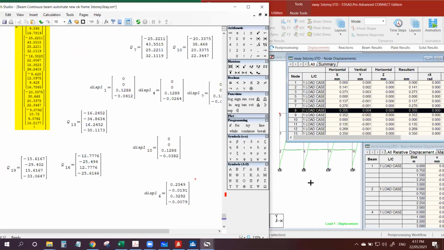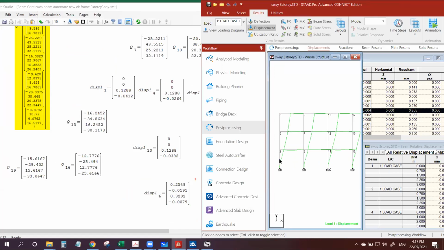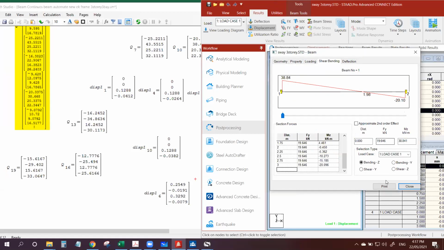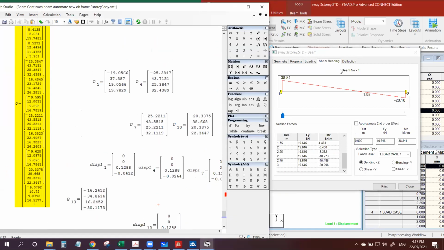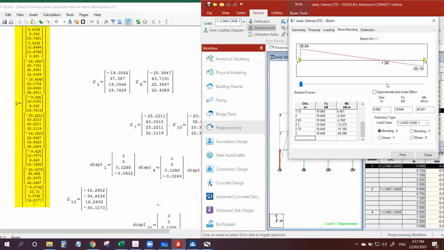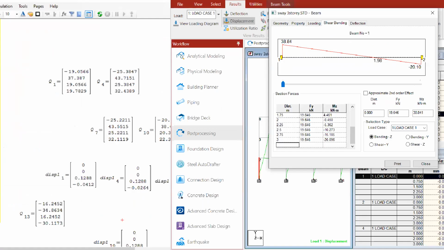Now for the forces, member 1. Double click that. Shear, bending. Okay, main bending is 38. Where's my Q1? Here. So I'm getting 38.20, so 37 and 19.8, almost 20.